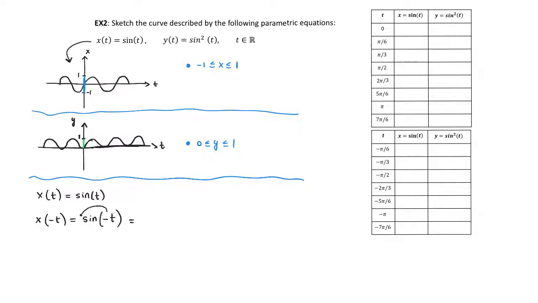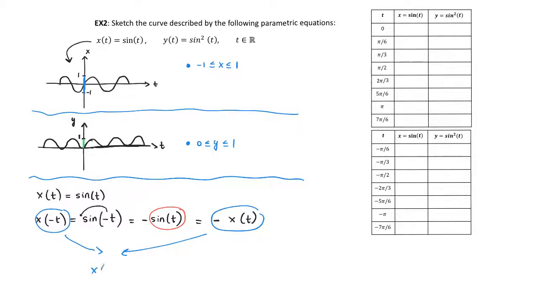So then this is going to be equal to negative sine of t. Well, immediately we notice that this part right here is x of t. So then we are going to end up having that this is equal to minus x of t. When we now put this together, what we notice is that x of negative t is equal to minus x of t.